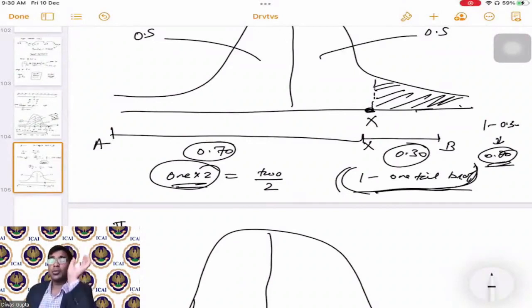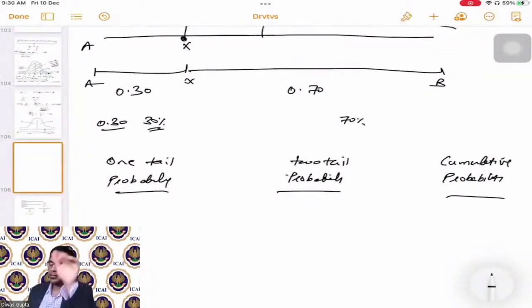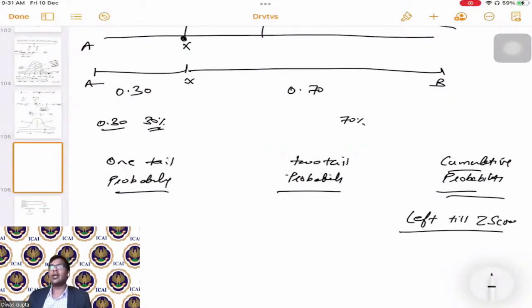We always need cumulative probability for using in the Black-Scholes model, correct? And two tail probability is one tail multiplied by 2. Cumulative, we already know, from left till the z-score is called cumulative probability.